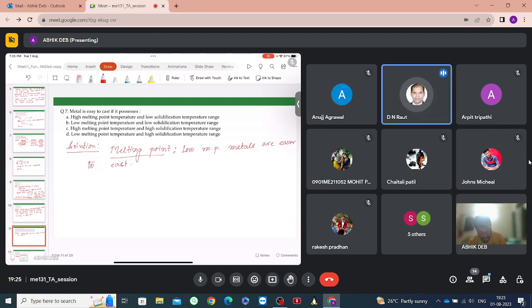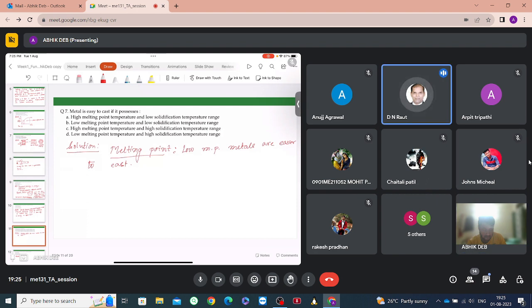And high solidification range helps to pour for the maximum time. Sorry, about the solidification temperature range, a high solidification temperature range will be what? How will it be beneficial?